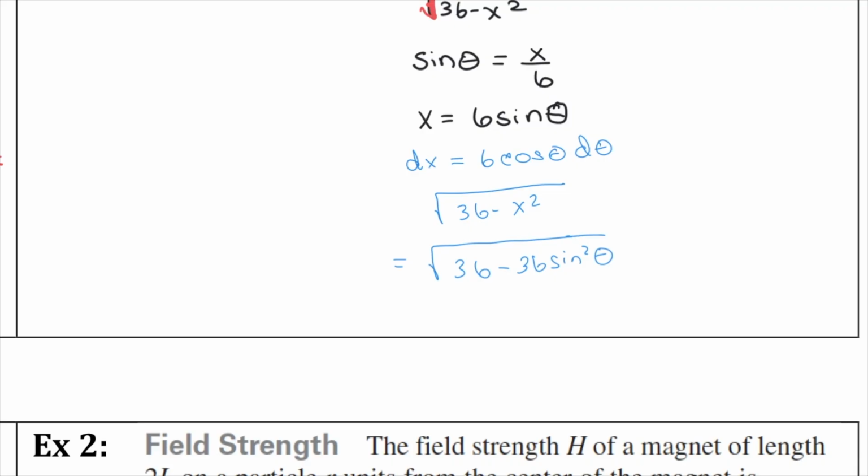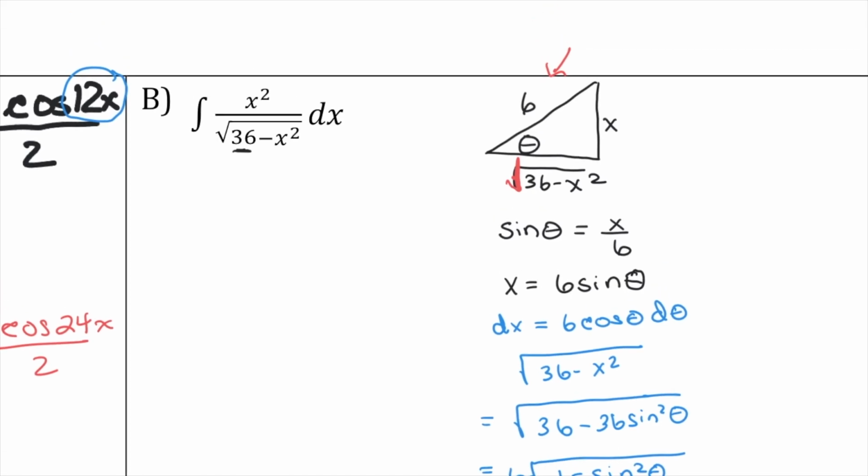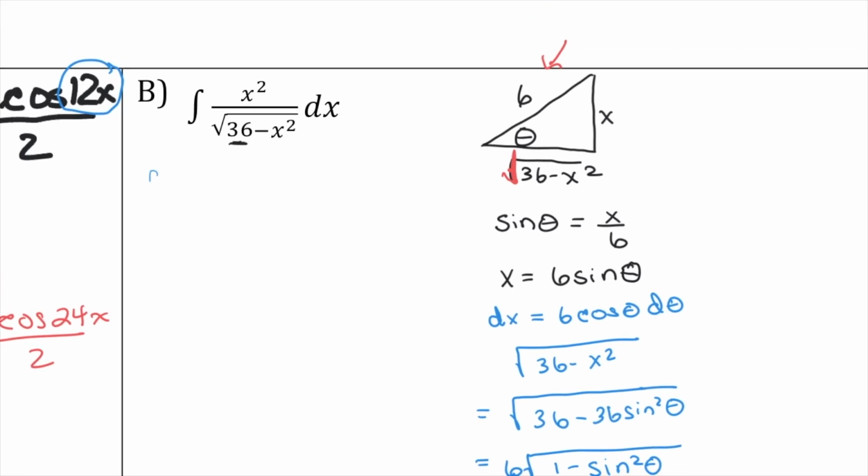Underneath your square root, you will have a 6 on the outside, square root 1 minus your sine squared theta, which gives us a lovely cosine theta when we substitute.